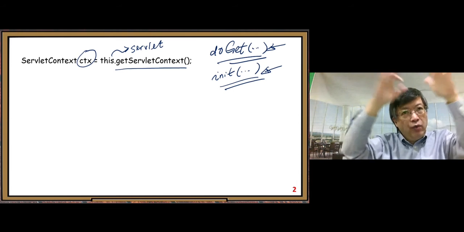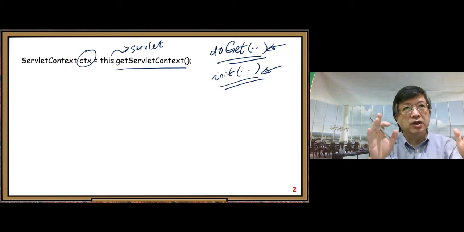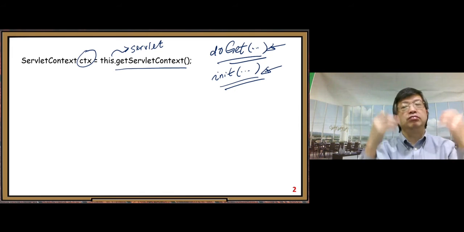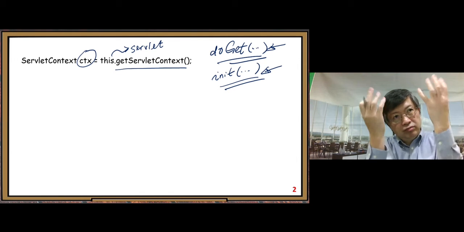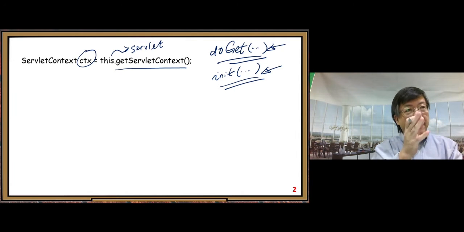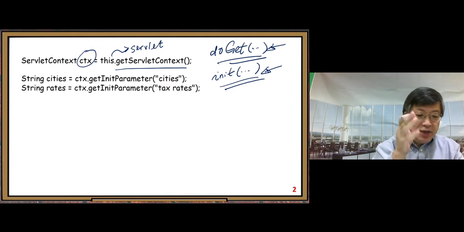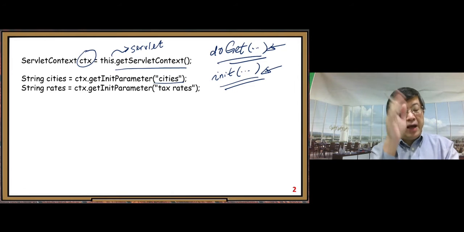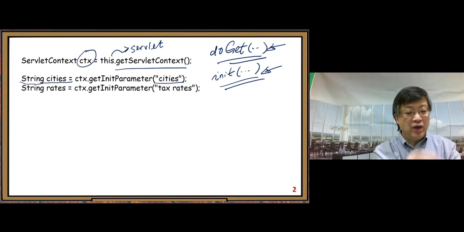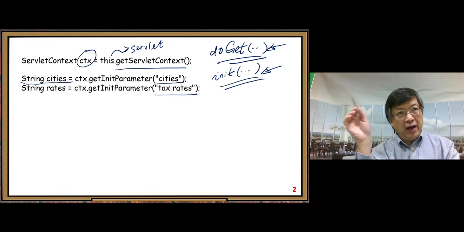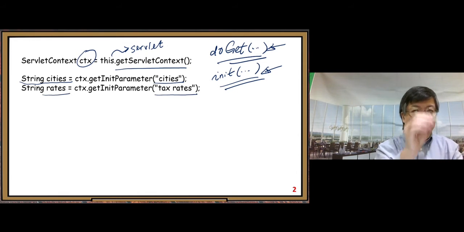All the resources of this web application are organized in the context object, so we can access all the resources. Then using this ctx object, we call getInitParameter cities and retrieve it as a string, cities. For the tax rates parameter name, we get the string rates.